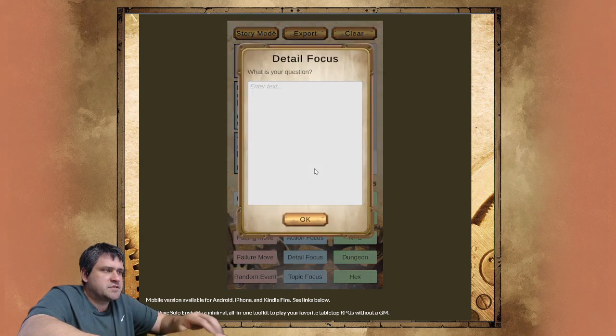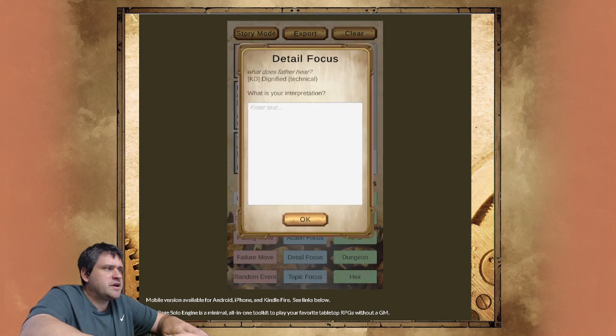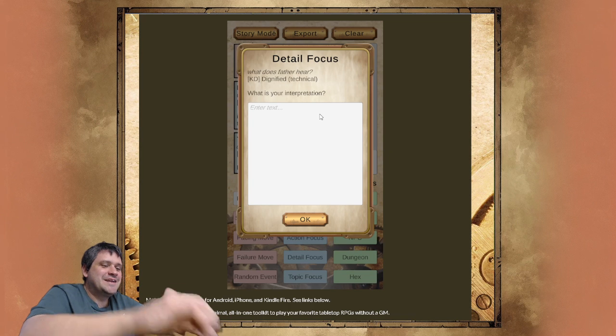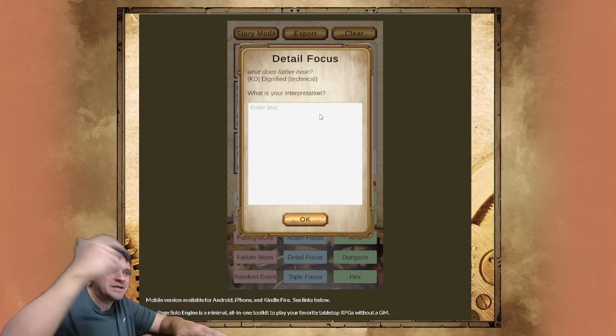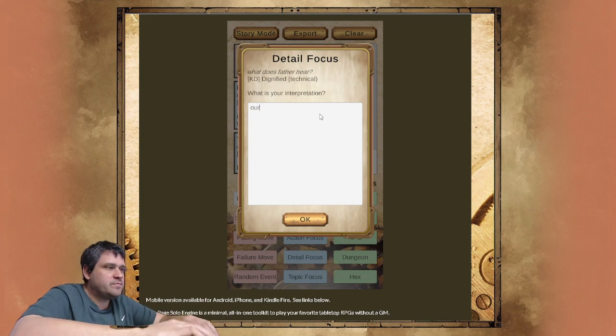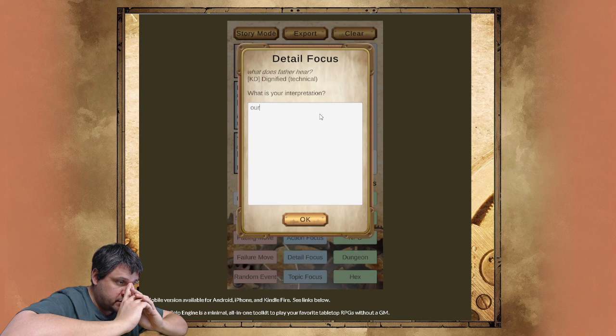Let's do a detail focus. What does father hear? Dignified. Our father notices how good we're putting the seeds in. No, I'm sorry, I forgot the oracle question was, does he hear something? He hears something good.